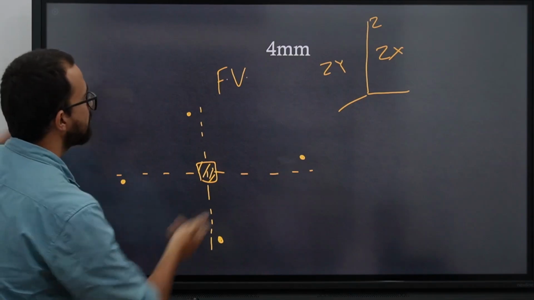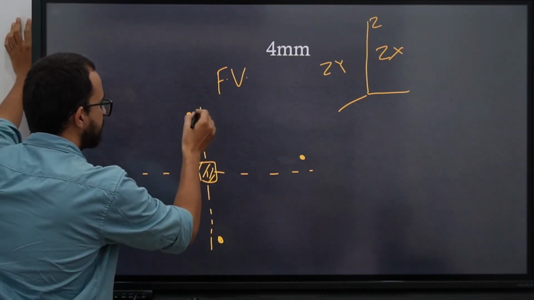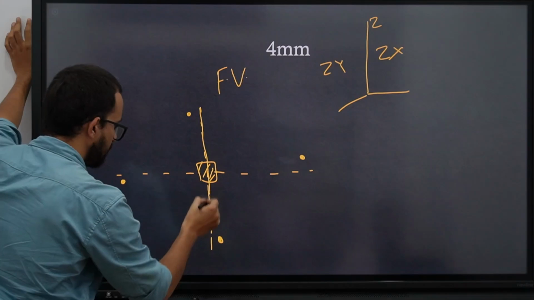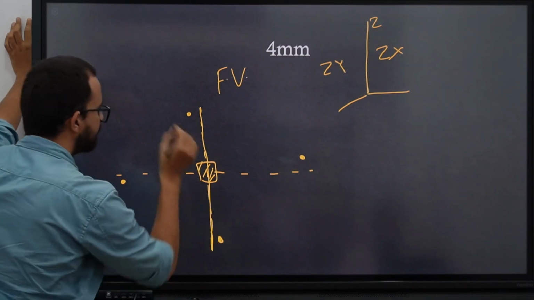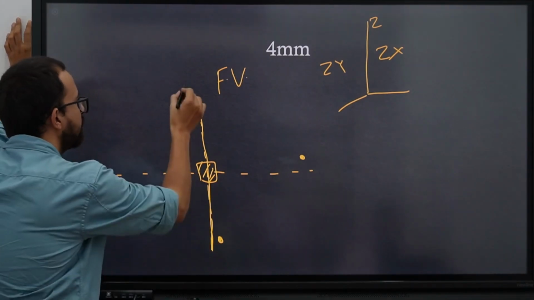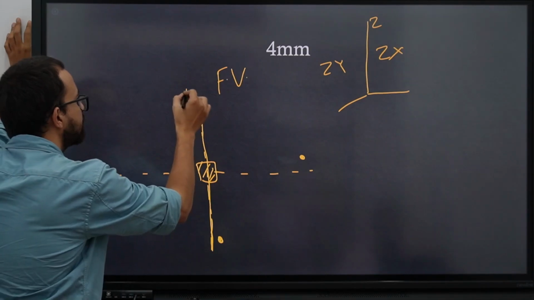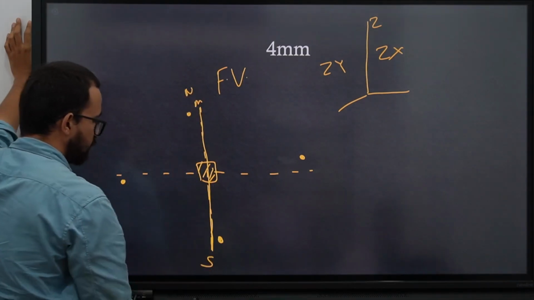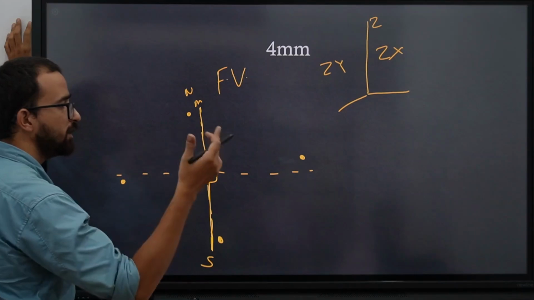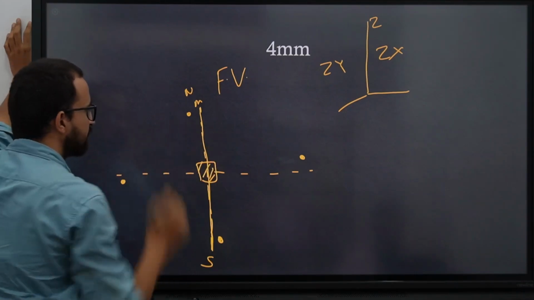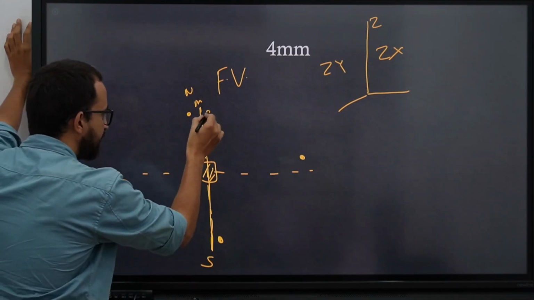So let us draw the first mirror. This is in the north-south direction. So what will the mirror do? Mirror will make a replica. So it takes this motif and places it right here.